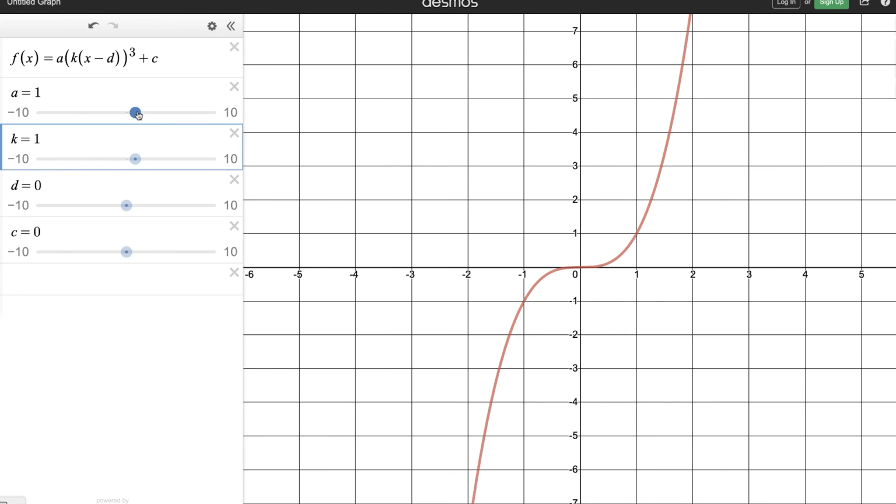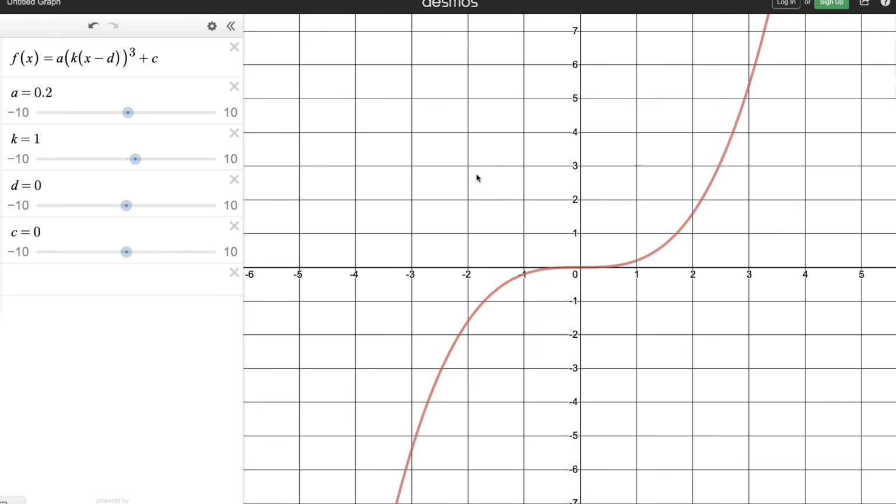If I let a equal something between -1 and 1, it's actually going to do a vertical compression. Picture someone squishing it from above and below and you'll see what's happening. So the parameter a actually does a vertical stretch or compression by a factor of the absolute value of a. If a is negative, that just causes the vertical reflection.